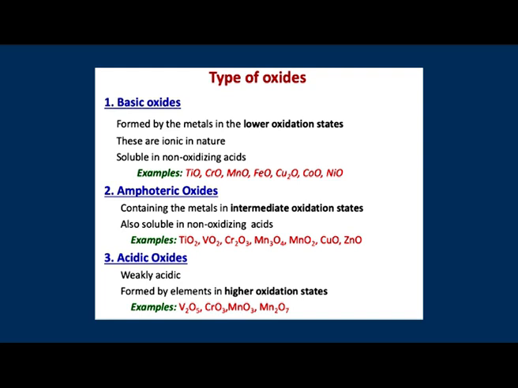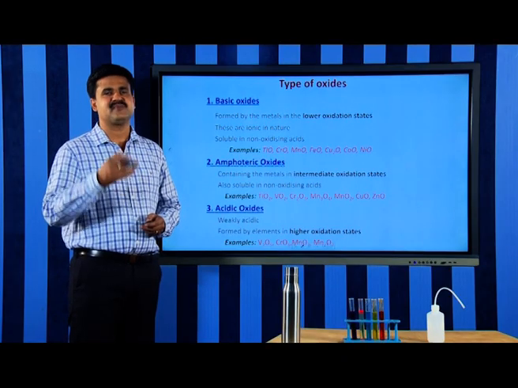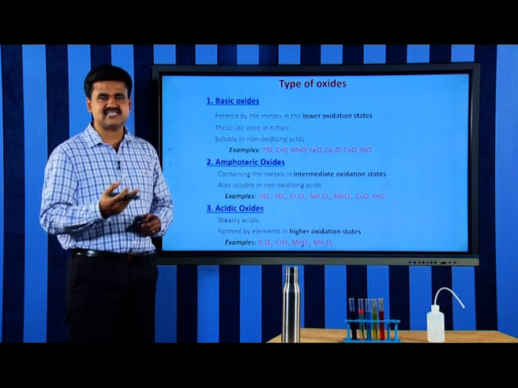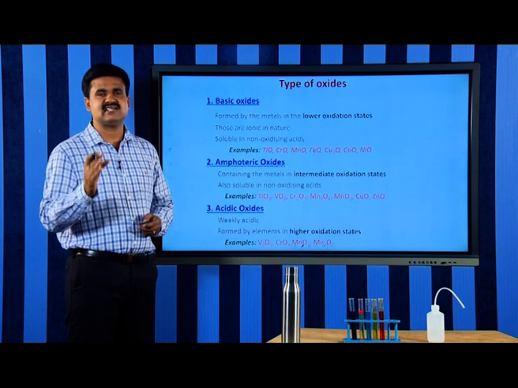For instance, vanadium pentoxide, where vanadium is present in its maximum oxidation state of +5, CrO3, where chromium has its highest oxidation state of +6, MnO3, manganese is in +6 state, Mn2O7, manganese is in +7 state. So, 3D series metals with their highest oxidation state can form oxides with slightly acidic nature.